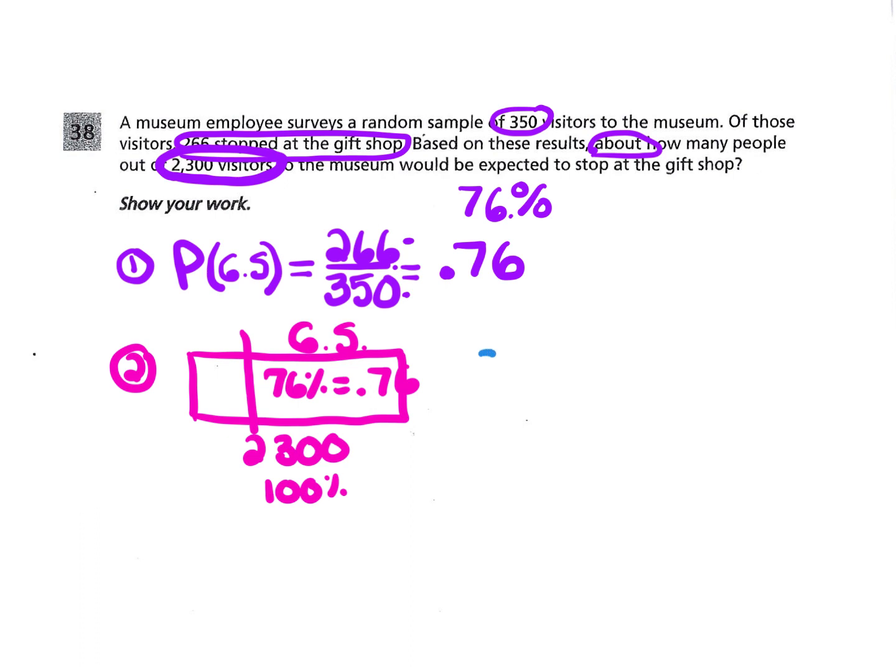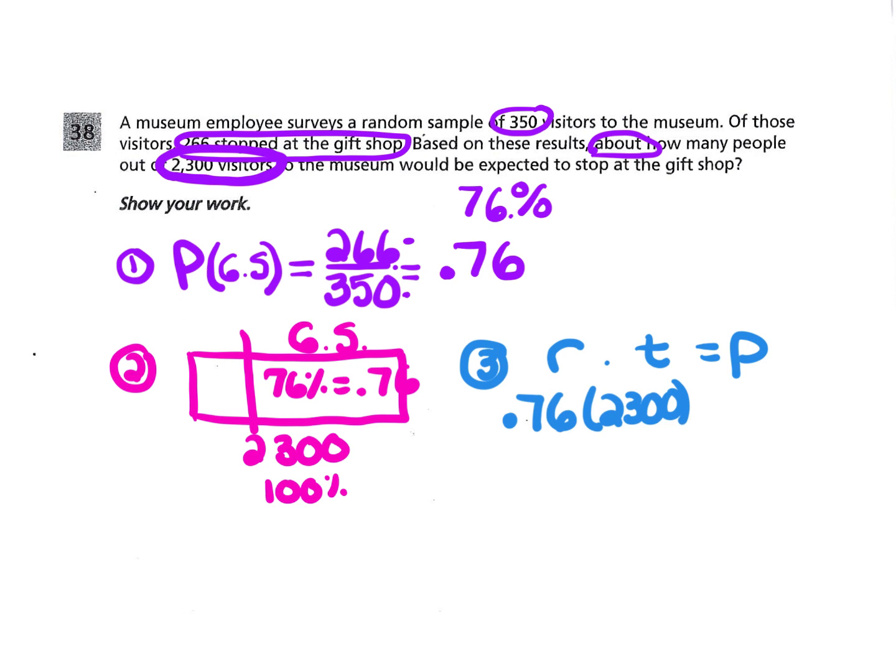Now we need to use our formula to calculate 76% of 2,300. R times T equals P. 0.76 times 2,300 total visitors.